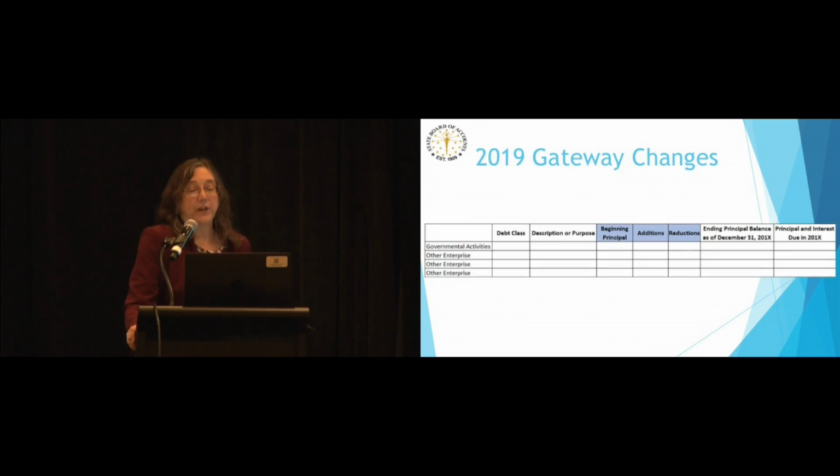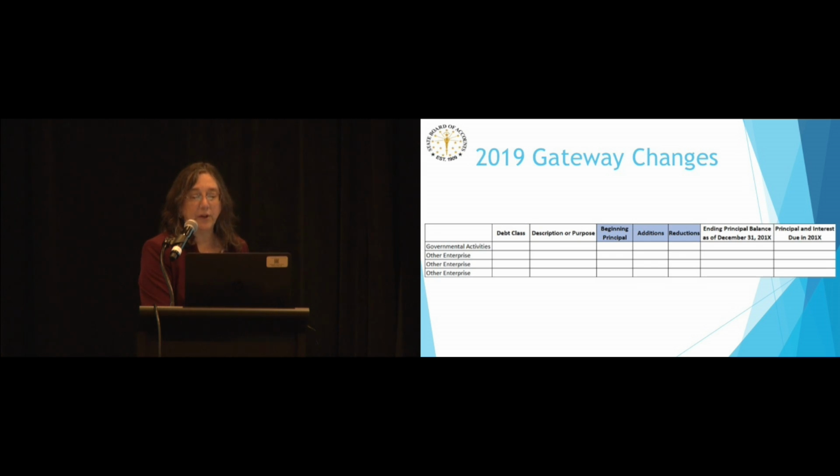There's some new information that you are going to have to put in, and this is what it's going to look like in Gateway for the 2019 AFR. This is what you're going to be entering next year. The white columns are the same as they've always been. The blue columns have been added. So just like before, you're entering the debt class, the description or purpose of the debt, the ending principal balance, and when it is, and the principal and interest due in 1 year.